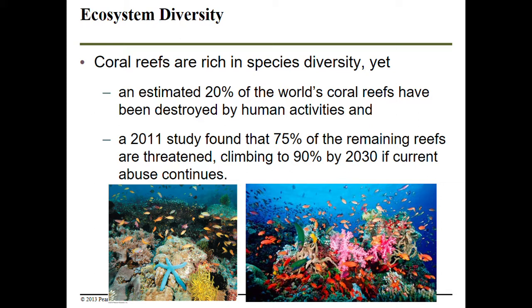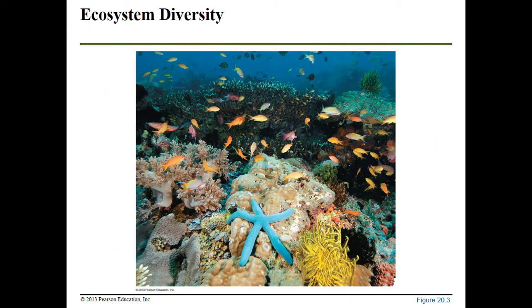Some issues that happen with this destruction of coral reefs include coral bleaching. For more information on coral bleaching, you can check out NOAA, the National Oceanic and Atmospheric Administration. They have their own website, and they go into details about coral bleaching. But I'll touch on it a little bit. What we're looking at in this slide is a healthy coral reef.